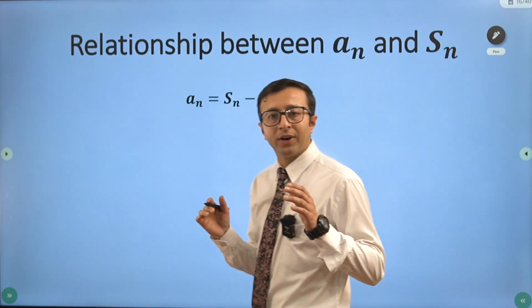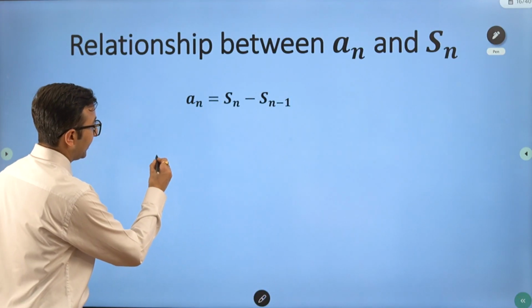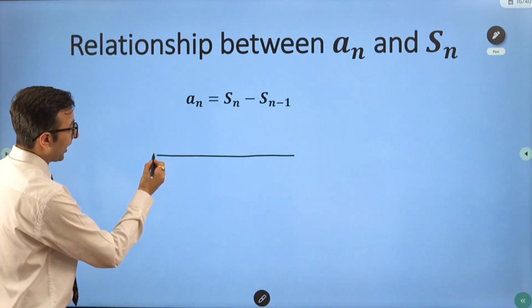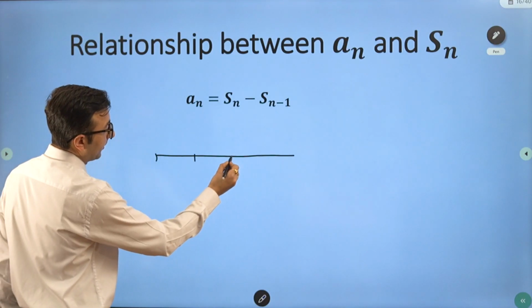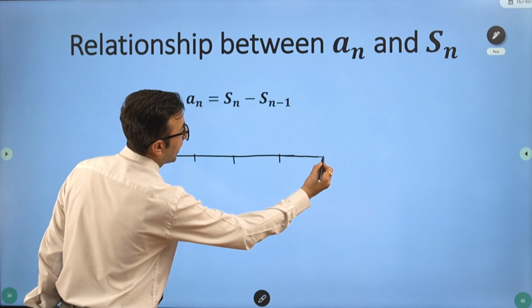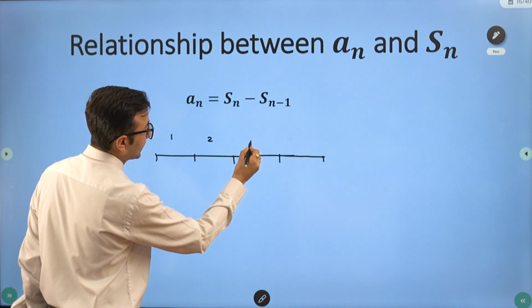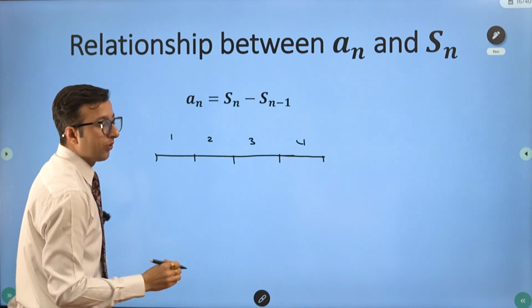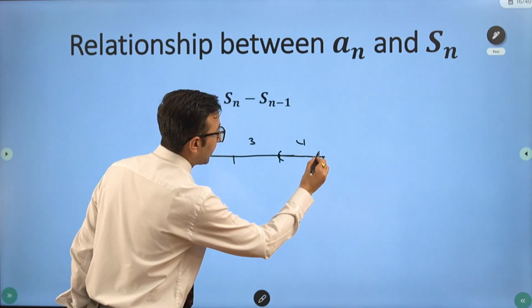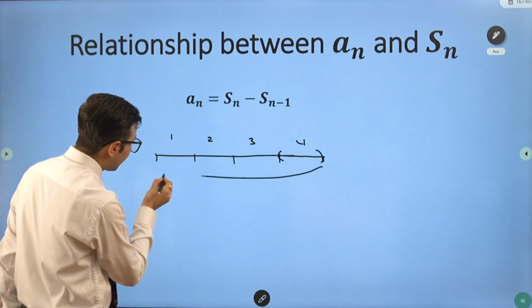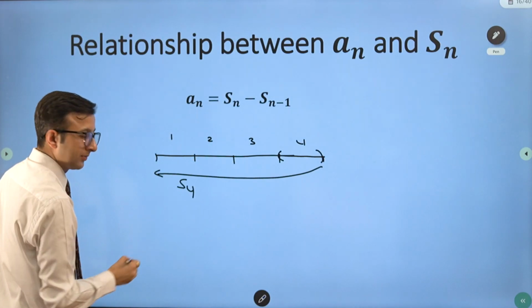If you want to understand this with a kind of number line, suppose we break it in this format. Suppose this is first, this is second, this is third, this is fourth. If you want to find this fourth part, then this whole thing is actually S4.